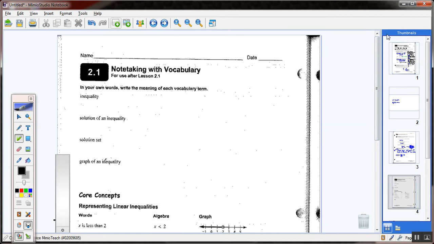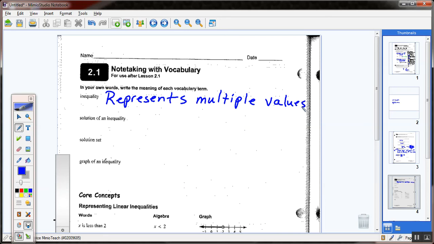So an inequality is going to be any expression that represents multiple values. Okay? As an example, if I say x is greater than 3, I'm talking about all numbers bigger than what? 3.